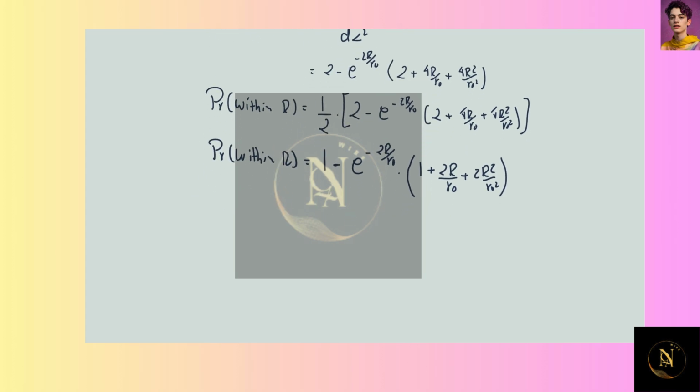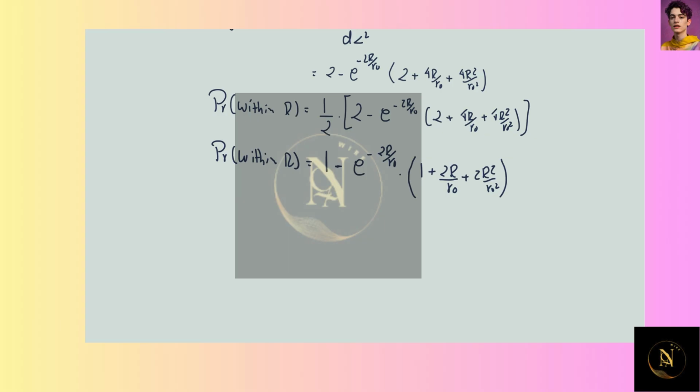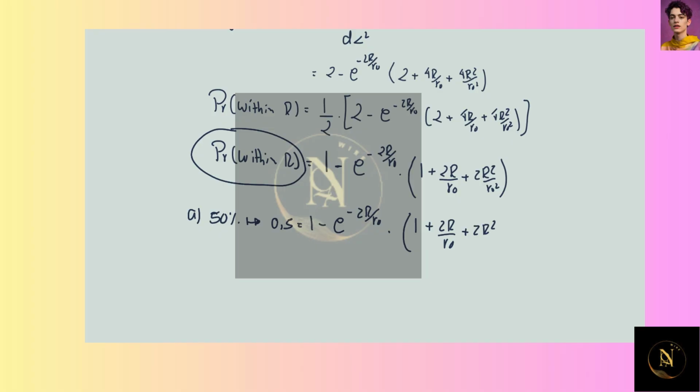Now, we would have to solve this equation for given values of P(R). So, for instance, in the first item, P(R) is equal to 50%. Then we have 0.5 is equal to 1 minus e to the minus 2R divided by R0 times (1 plus 2R over R0 plus 2R squared divided by R0 squared).